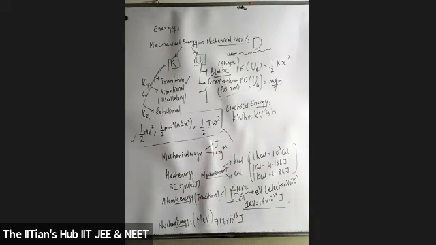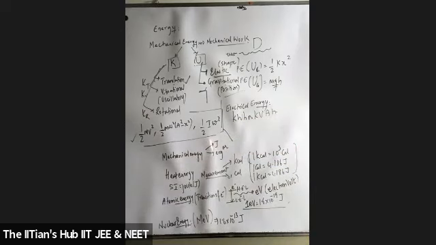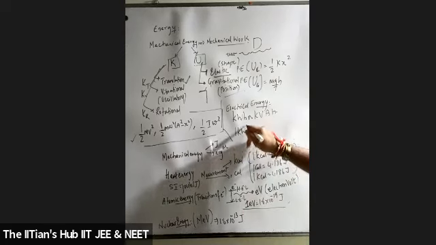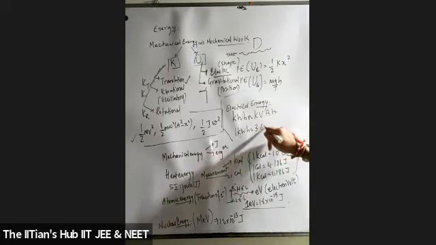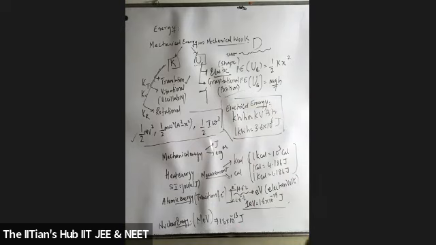Yes, sir. Power into time, and power is V into I, VIT. Since 1 kilowatt hour corresponds to how many joules? 3.6 into 10 raised to 6 joules. तो ये सारे conversion of units ध्यान में रखना स्टूडेंट्स while going for energy part of it.